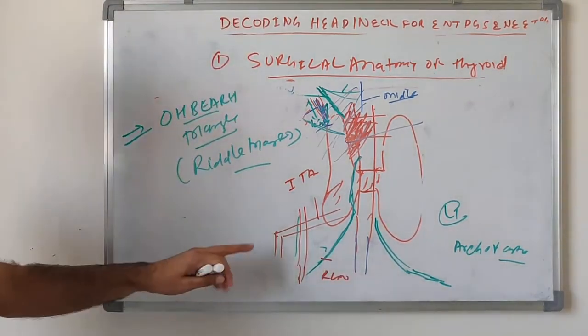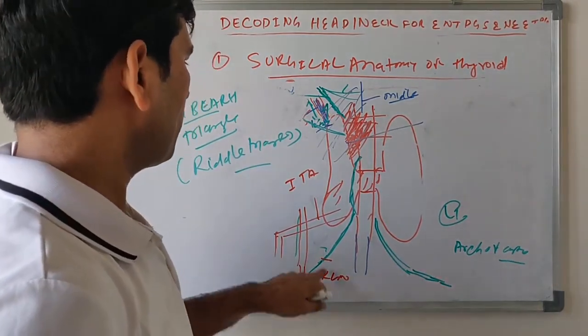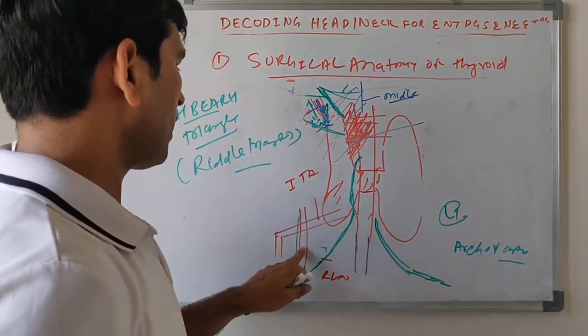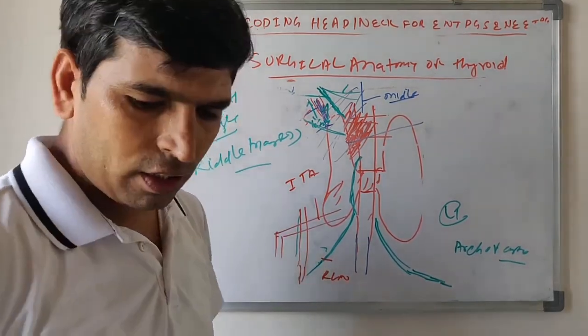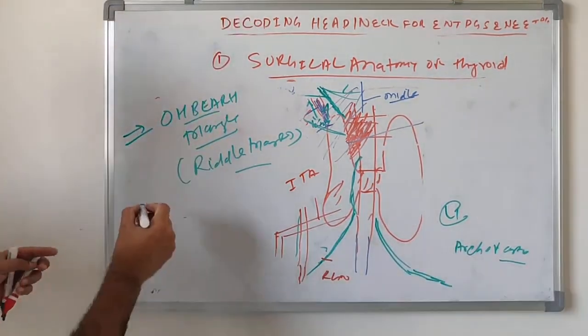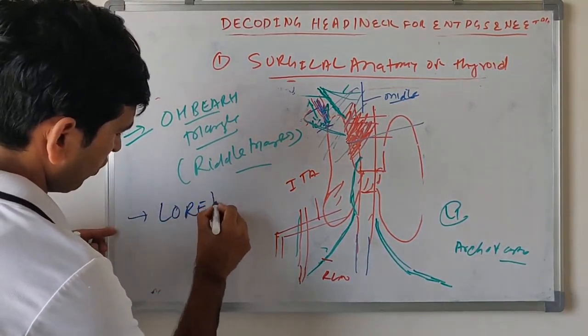So one boundary of this triangle is formed by the recurrent laryngeal nerve, the inferior thyroid artery, and laterally or posterolaterally the common carotid artery. But the better triangle, I will tell you, is Lowry's triangle, or you may say Low's triangle.